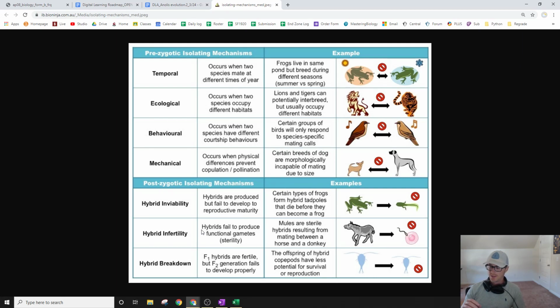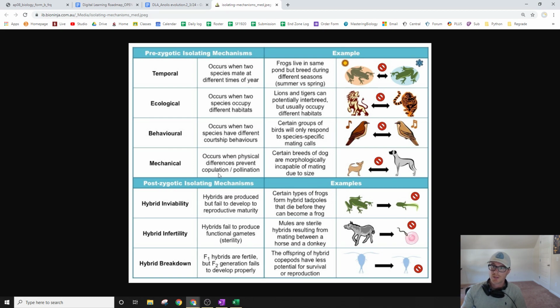So if I see two organisms and I want to know whether they're members of the same species, do they interbreed and can they make fertile babies? If the answer is yes, then they're members of the same species. If the answer is no, then they are different species.